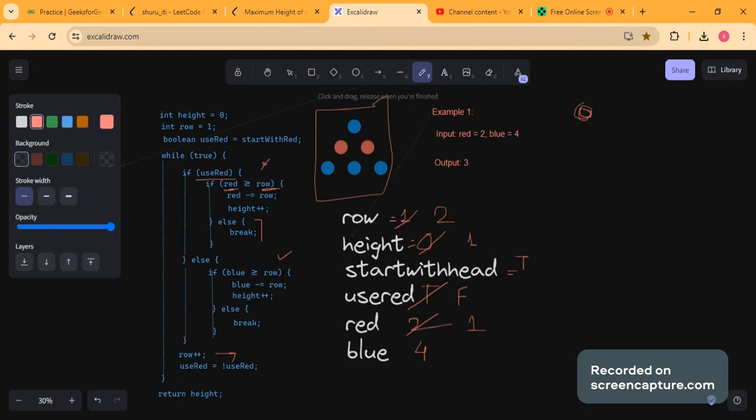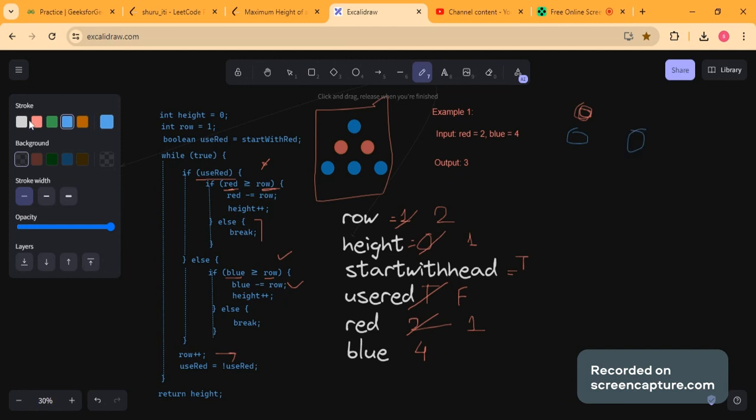Now, we check the number of blue balls. What is the number of blue balls right now? It is 4. Is it greater than the number of rows that we have currently? So, we are in the second row and we have 4 balls. So, yes, this condition is true. It means that we are using blue balls in this second row.